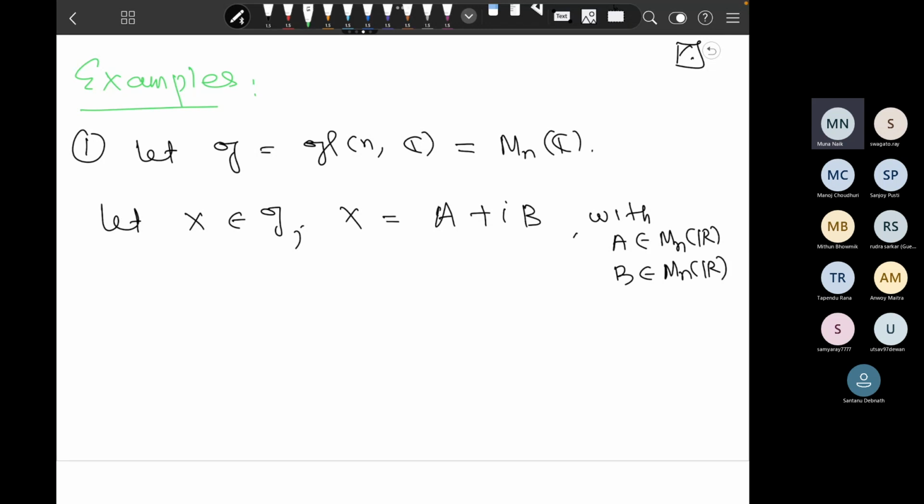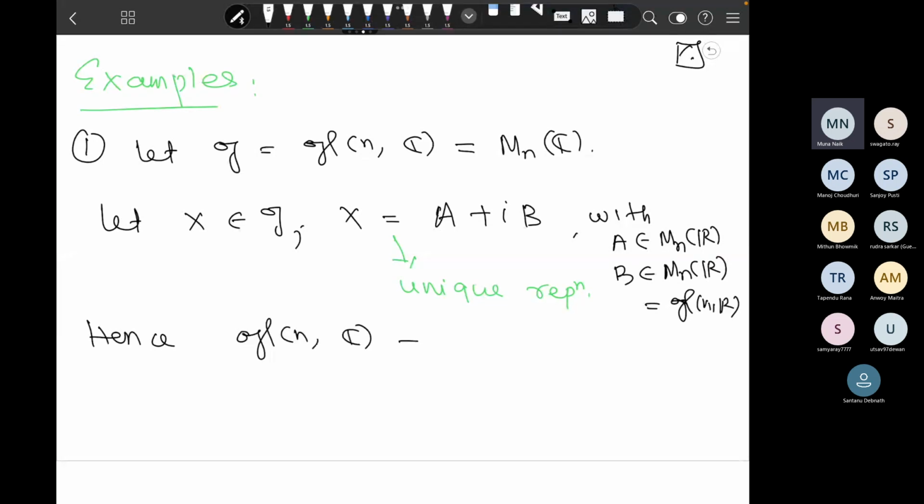This representation is unique. And M_n(R) is equal to the real Lie algebra of GL_n(R). Hence GL_n(C) is the complexification of GL_n(R).